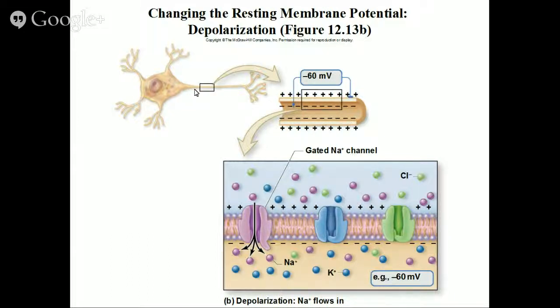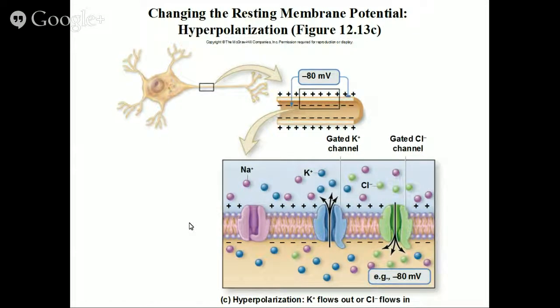And the way all of that happened was the stimulus caused all three of these channels. Well, the stimulus actually caused this channel to open, which has to be a gated sodium channel, probably a voltage gated channel, which allows lots of positive sodium to flood into the cell. Then we see hyperpolarization.